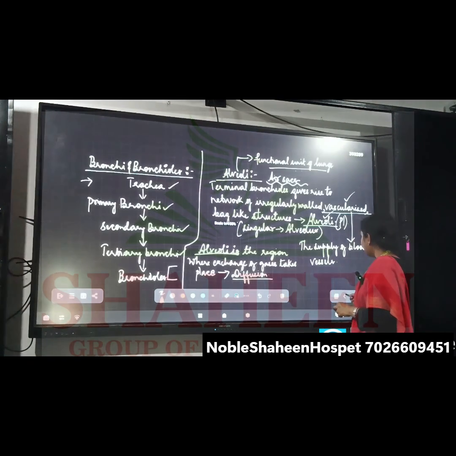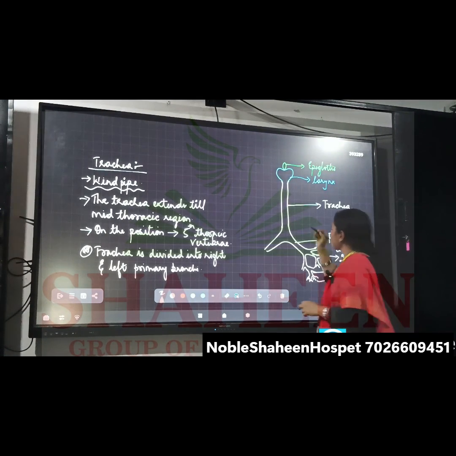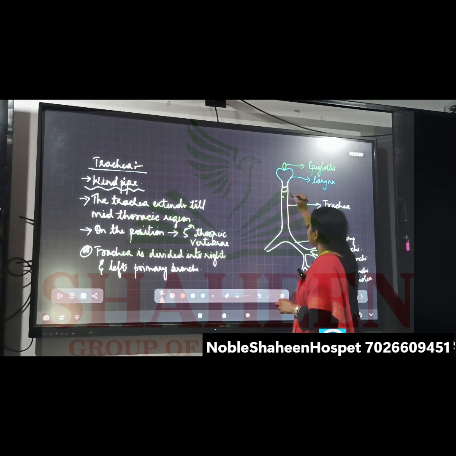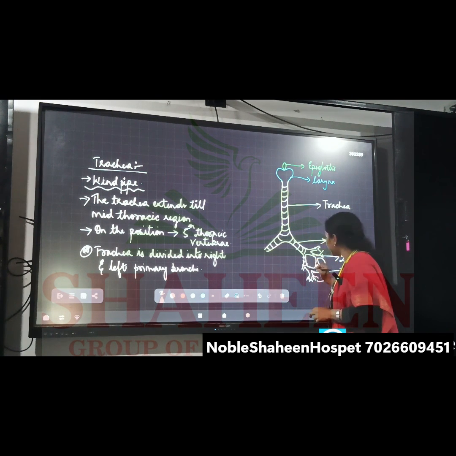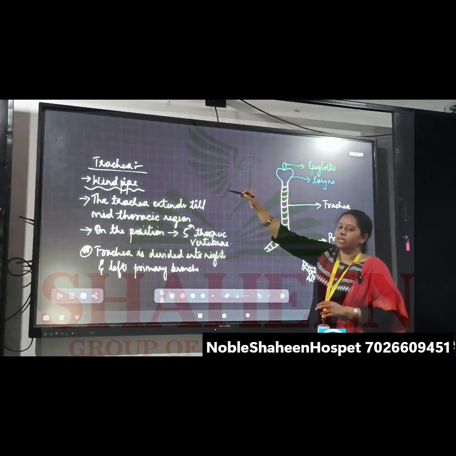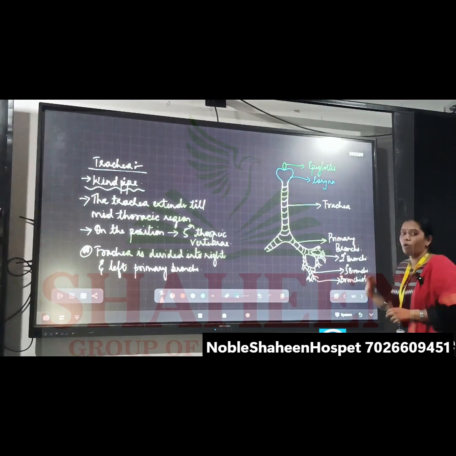So let us draw that in our diagram. So like this, what we can see, there are C-shaped rings or incomplete cartilaginous rings which are lining everywhere, all the way from trachea to the initial bronchioles.